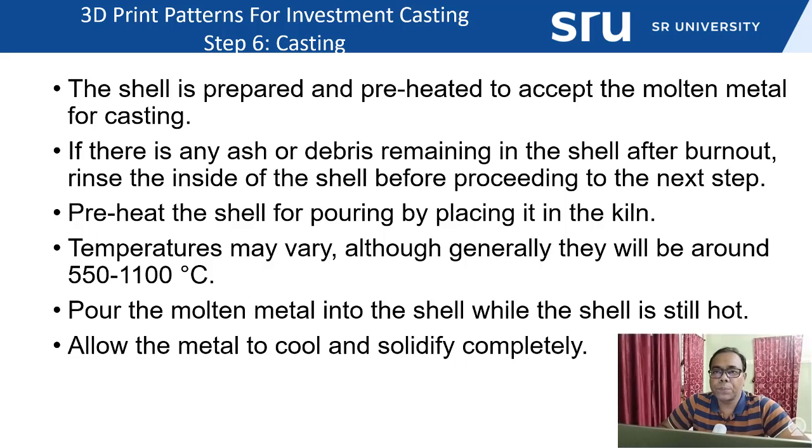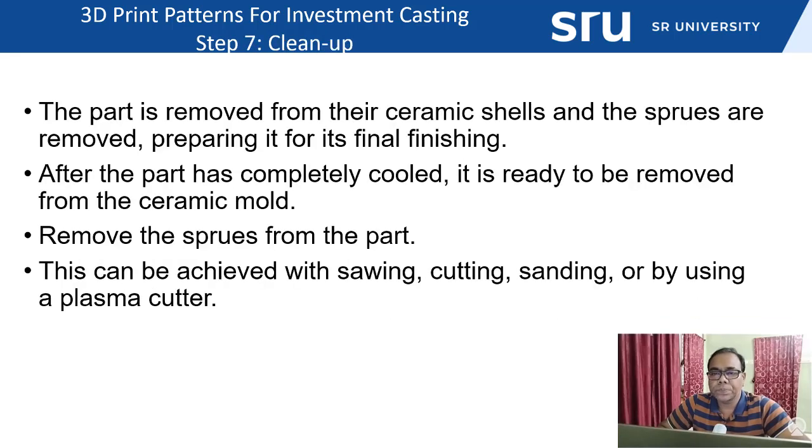Once proper solidification and cooling have taken place, you have to remove your coated sample. In this way you have to clean up the part. For that, you remove the ceramic shell, screw or any other part required during the pouring process.